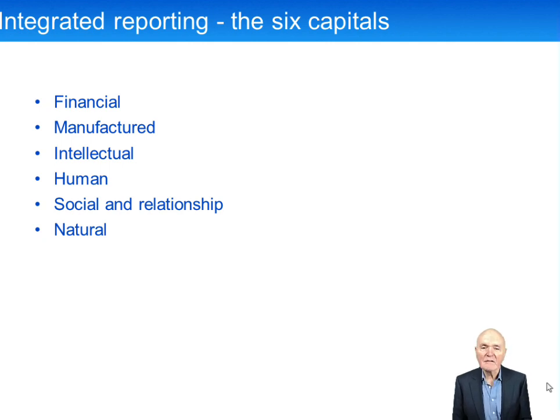And the first type of capital is manufactured capital. And this means the manufactured, really it's the machinery. Think of it as the non-current assets that the company has. And if it's any sort of manufacturing company, the way it makes profits is by manufacturing goods.